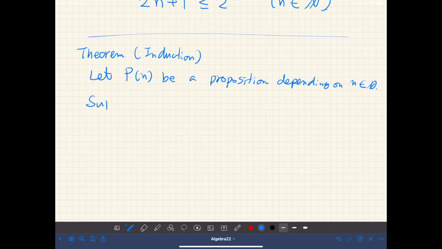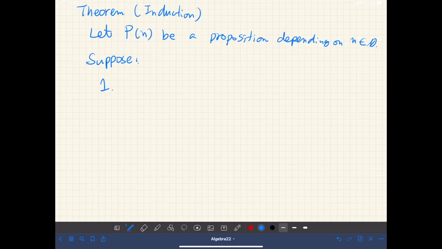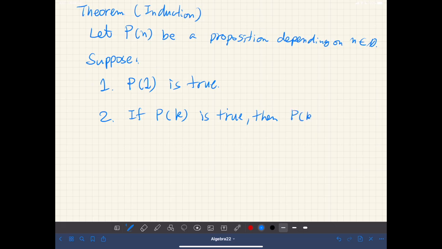And suppose the following two conditions are satisfied: 1, P of 1 is true, and 2, if P of k is true, then P of k plus 1 is true.